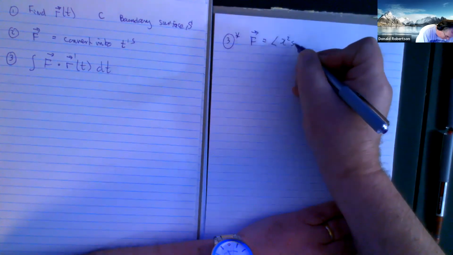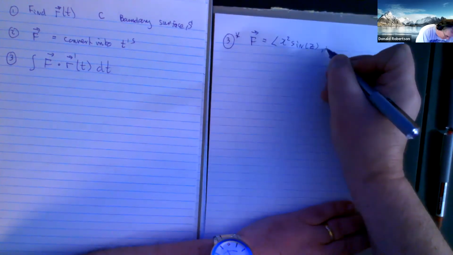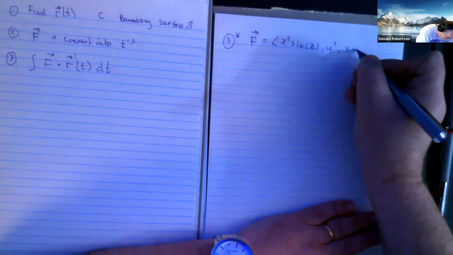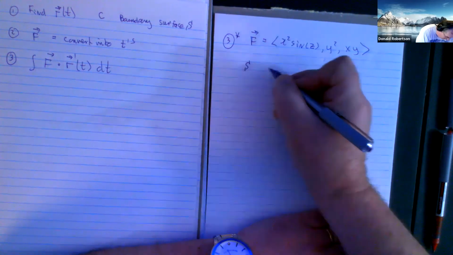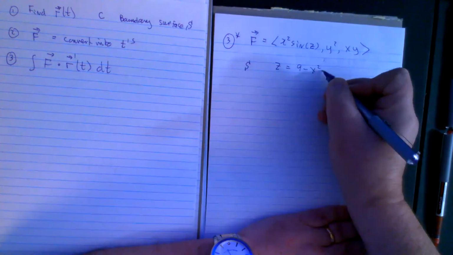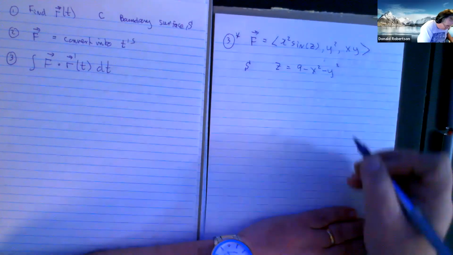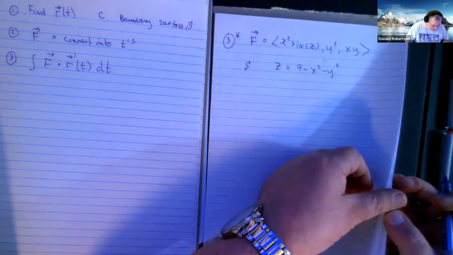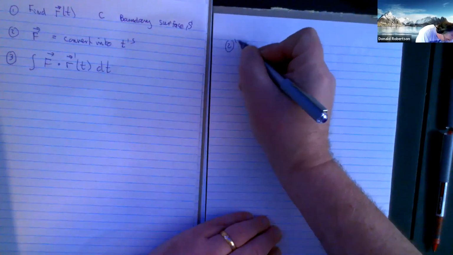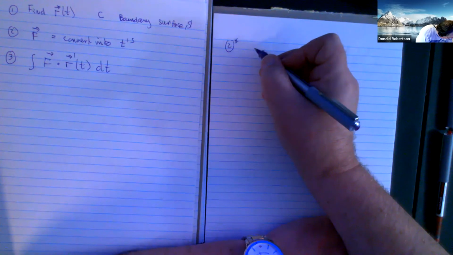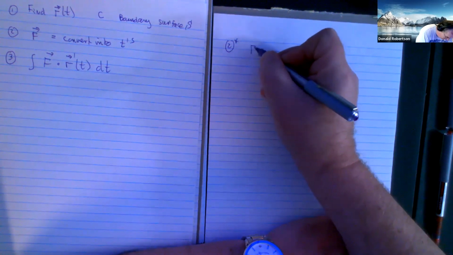Vector field is this guy, and our surface is another one of those paraboloids. Didn't we do this guy earlier? Did I? Oh, you're right, you did. So it's number 2. And this particular one, they all kind of start looking the same after a while.